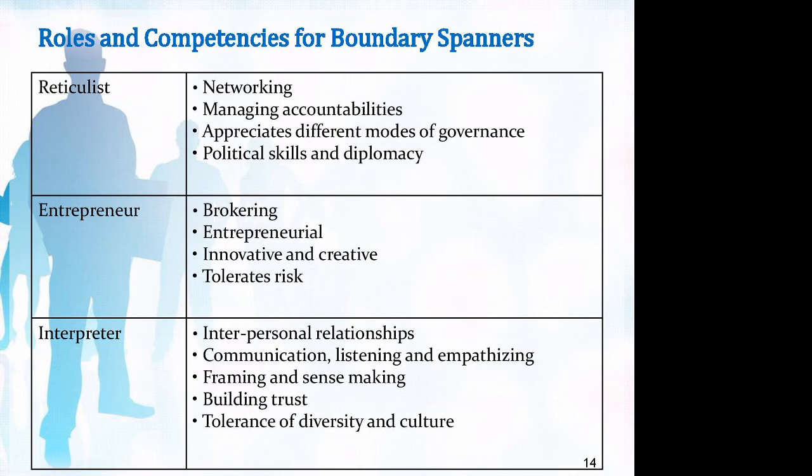As an interpreter, you should have lots of interpersonal relationships, because people come in different moods, and you have to maintain their mood with the organization. You should have very good interpersonal relationships and very good communication. Employees should have listening capacities and empathy. Lots of empathy skills, all service sector employees should have.